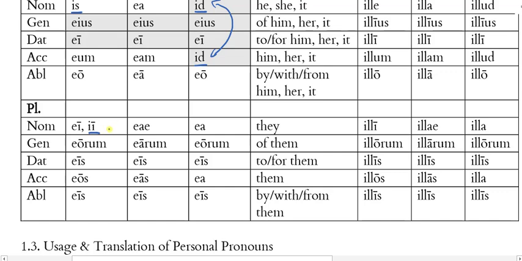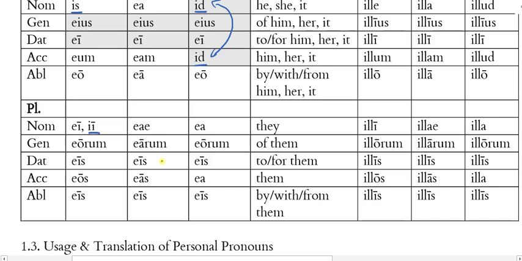Ei, ii, so this is they, nominative, masculine, plural. Eae, ea, so they, feminine and neuter. Eorum, earum, eorum, so of them, all genders.